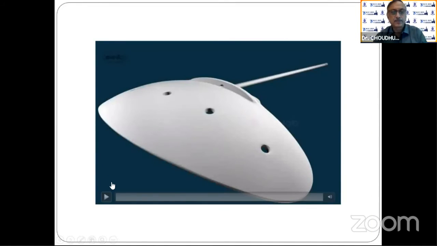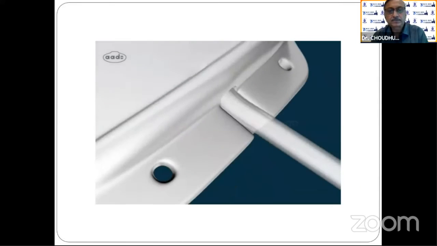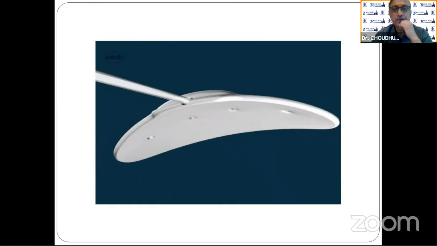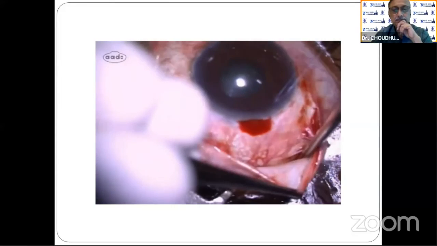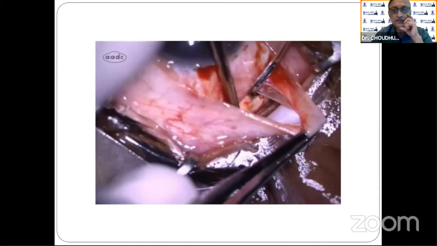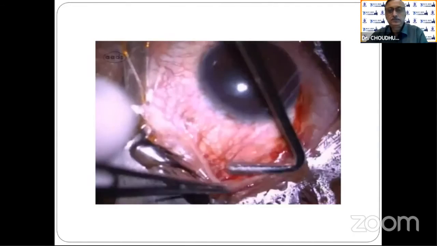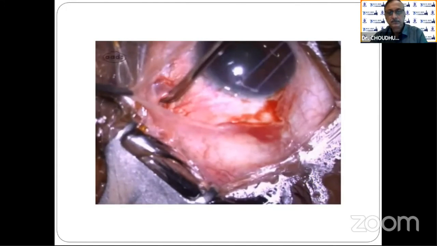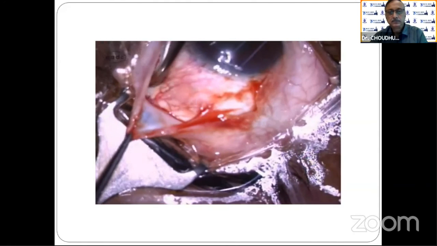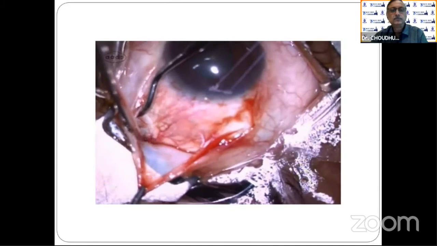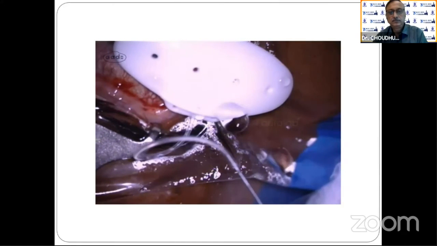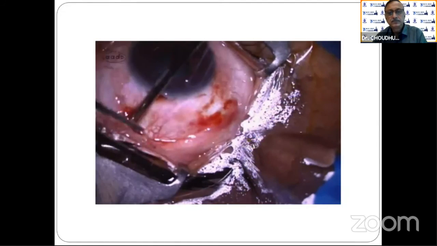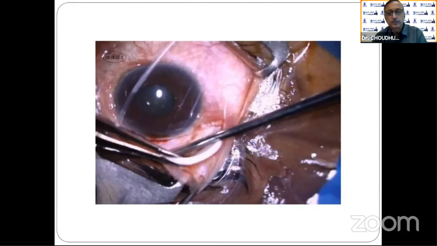And this is a small video clip of the implant. You can see this is quite a big one.